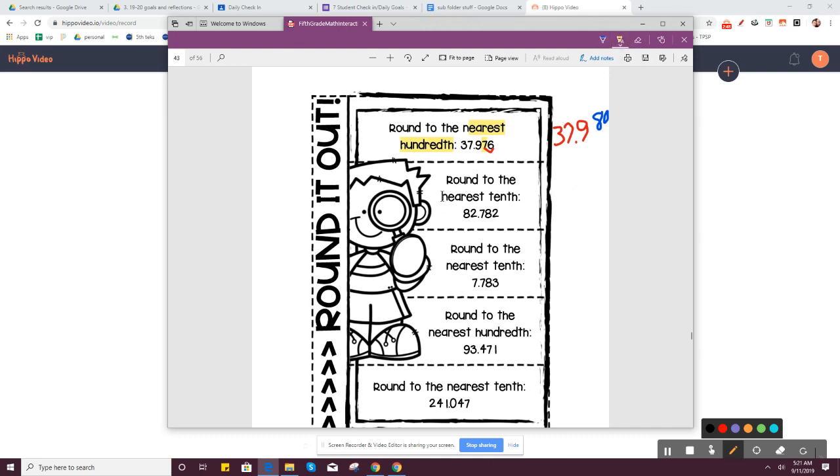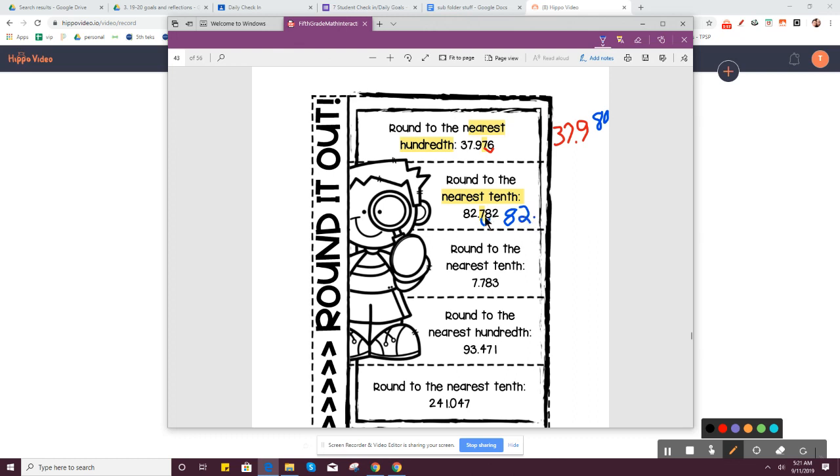The next number that we did yesterday, we highlighted the nearest tenths place, which is this one. And the number we're going to be looking at is the 8 behind it. The 8 is going to determine whether that 7 stays a 7 or jumps up to an 8. Everything in front of the tenths place is going to stay the same. So it's 82.